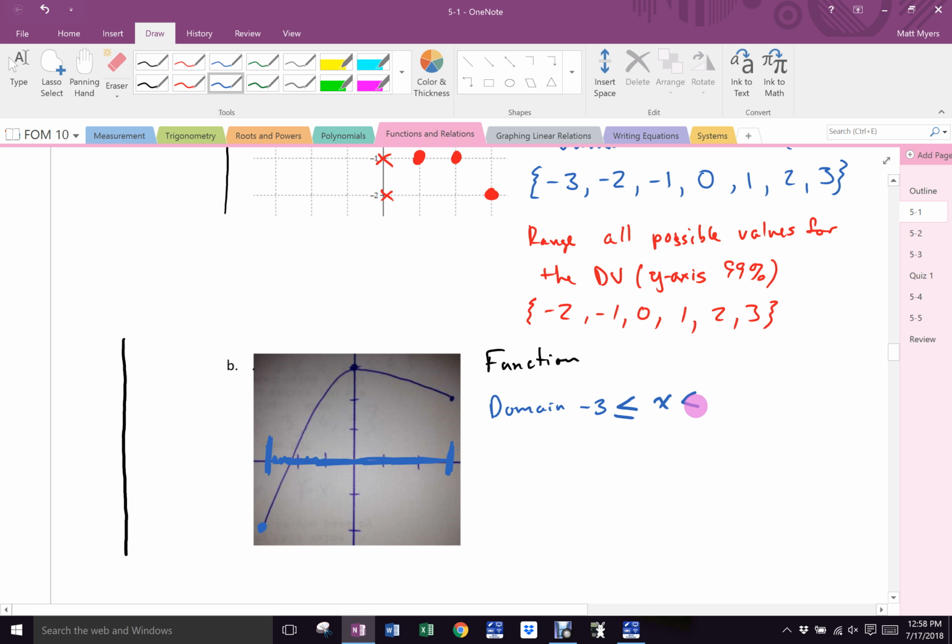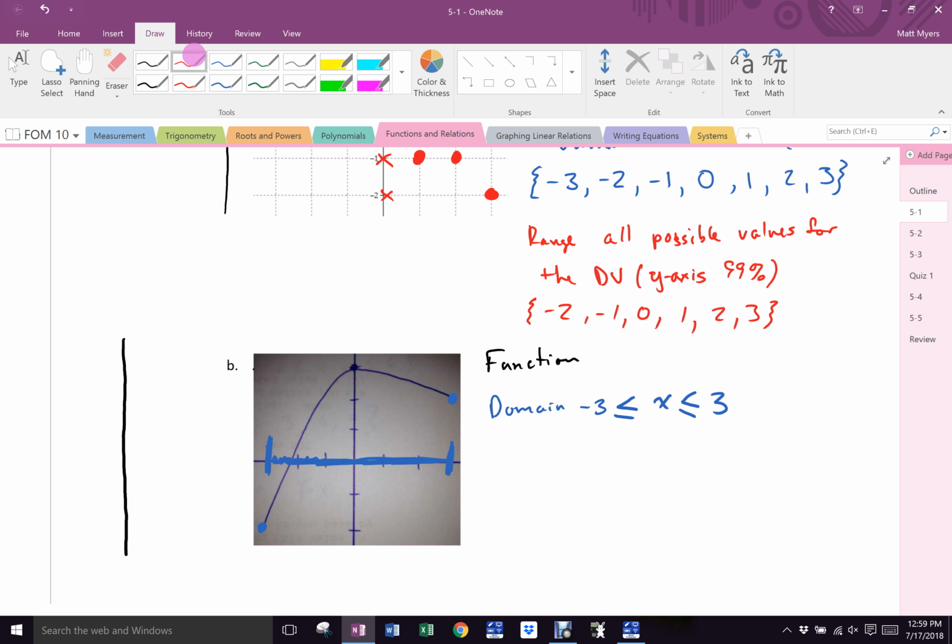So my x's are less than or equal to +3 because, again, the dot is colored in. Does everybody understand that? -3 is less than or equal to all my x's, so nothing can go lower than -3. But my x's are less than or equal to +3, so they can't get bigger than that.